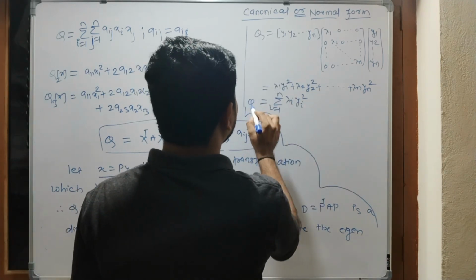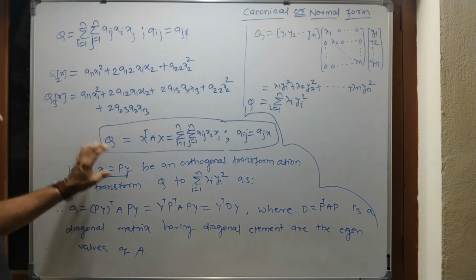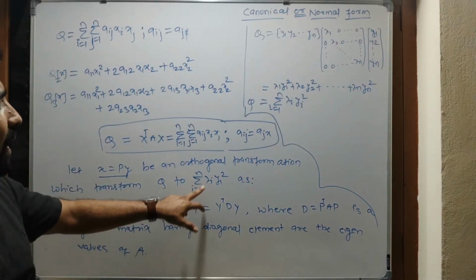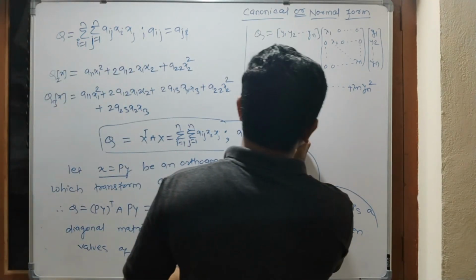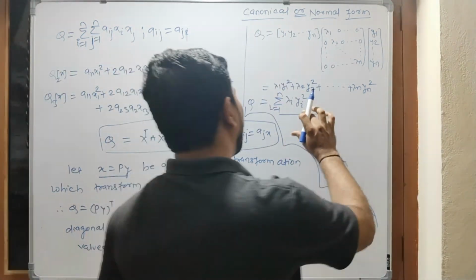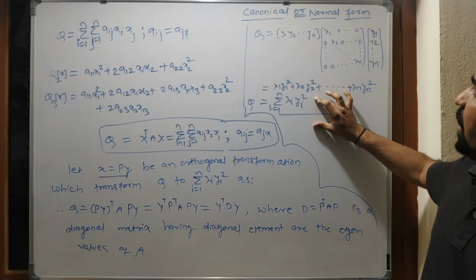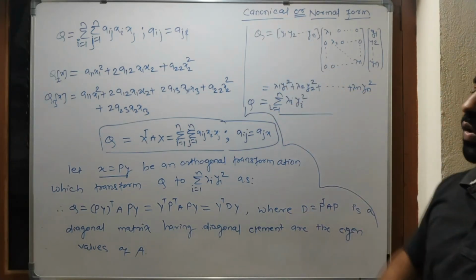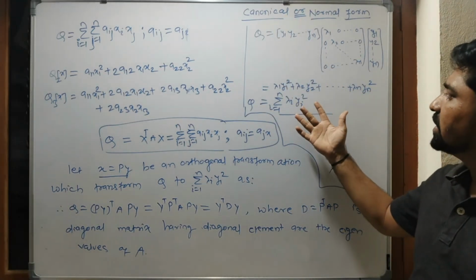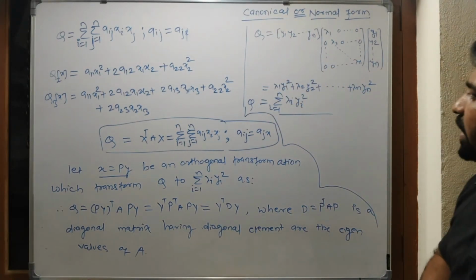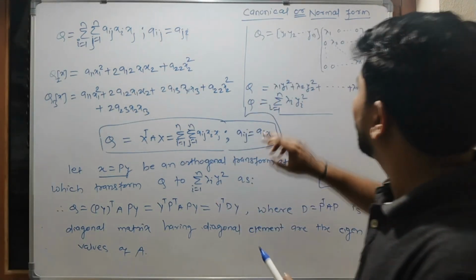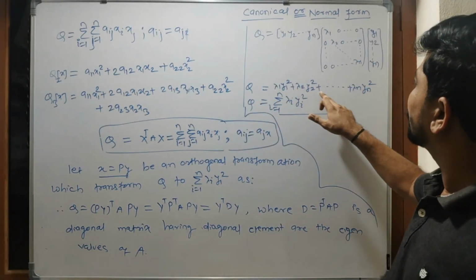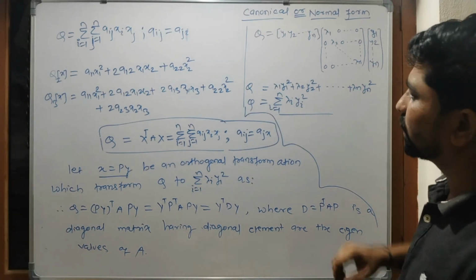So that's why I said this Q is transformed to summation lambda i yi square. This is called the normal form of the quadratic form. This is called either the normal form or canonical form, or some authors say the square form. So in your square form, Q equal to lambda 1 y1 square plus lambda 2 y2 square plus up to lambda n yn square.